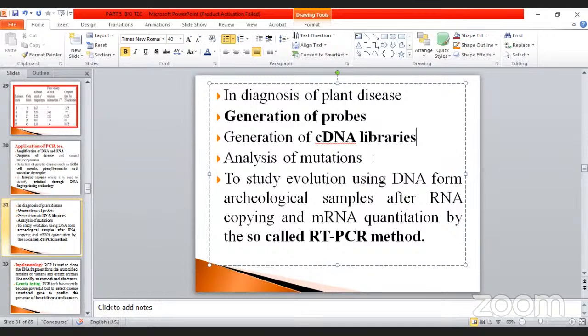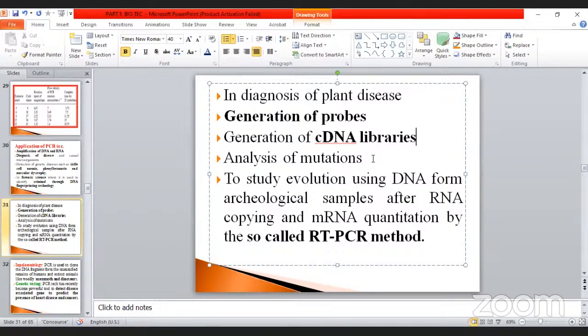Analysis of the mutation. Suppose we take an example, A and B. Imagine A and B is the normal one. With the mutation, what mutation occurs? How does it occur? How will you identify it? With the help of the DNA sequences. So which gene is amplified due to the termination? Chromosomal abnormalities we have already studied, isn't it?